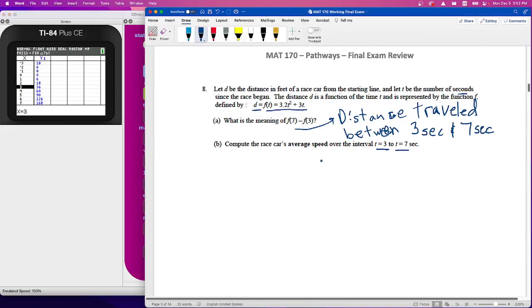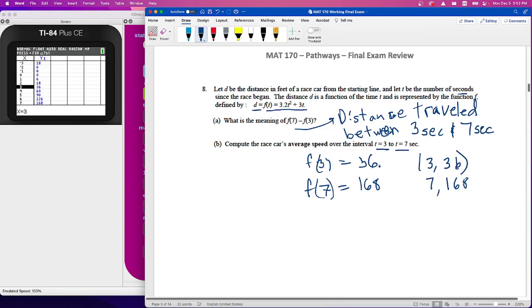So now's the time to actually find f of 3 is 36 and f of 7 is 168. So we could think of these as points if you want. 3, 36, 7, 168.